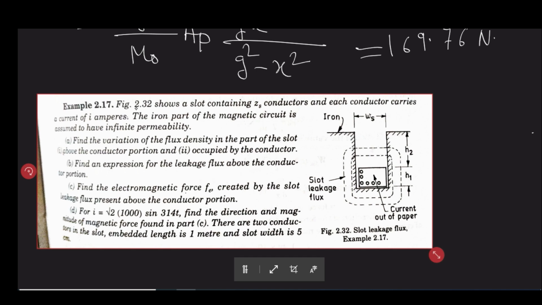So this problem is very important in different aspects. Like if you consider here, there are several things.